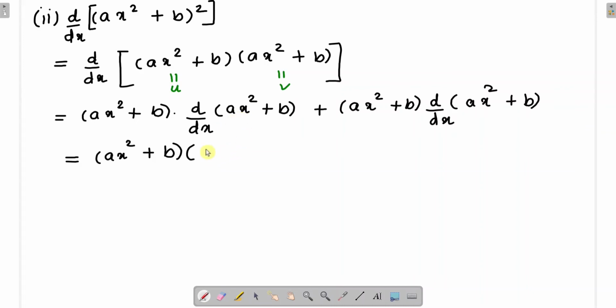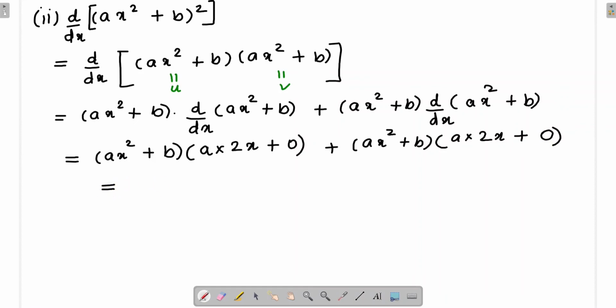A is a constant, so it will come out of the derivative, multiplied by the derivative of x square is what? It is 2 times x raised to 2 minus 1, which is 1. So 2 times x raised to 1, which is 2x. Okay, plus the derivative of b is what? 0, plus you have ax square plus b times, again here you have the derivative of ax square. A is a constant, it will come out of the derivative, multiplied by the derivative of x square, that is 2x, plus the derivative of the constant is 0.